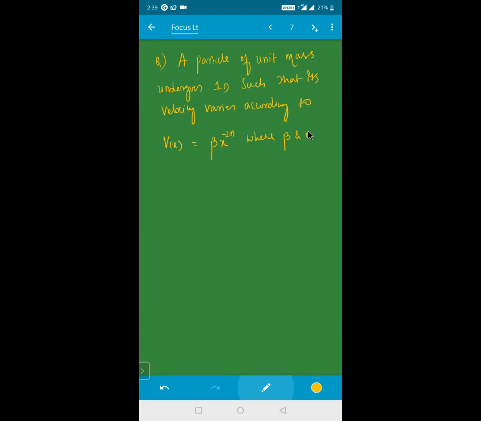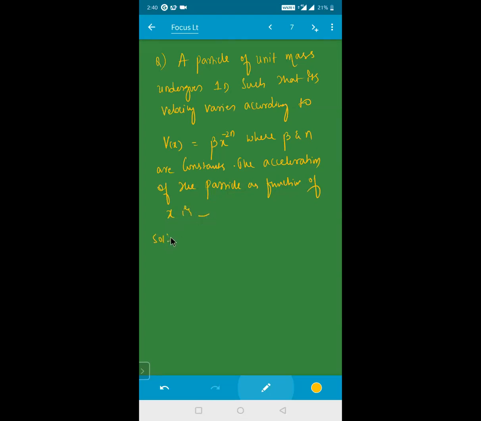And x is nothing but the position of the particle. The acceleration of the particle as a function of x is?